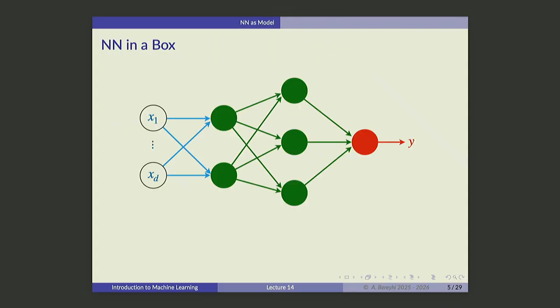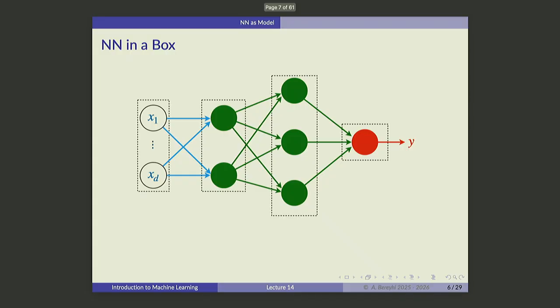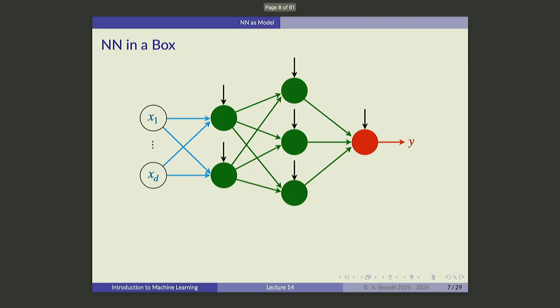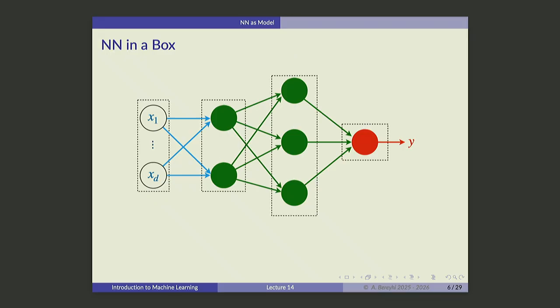So now, let's look at this, and since up to this point we always talked about the hypothesis and the class of functions and things like this, maybe it would be better if we just put everything inside a box. So this is a neural network. It has a bunch of inputs. It has a bunch of hidden layers, these are the green layers here. And then you have an output layer, right? The input goes inside the hidden layer, gets processed over and over, and then finally at the very output you have a bunch of representations. These are giving you the features that you want.